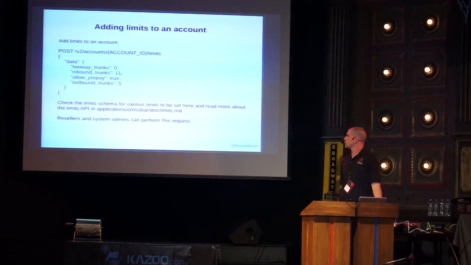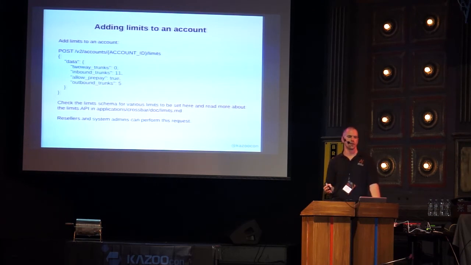This is what the request looks like via the Crossbar APIs to set the limits. I've obviously omitted all of the options, but hopefully you can infer that if you want to set outbound trunks, you would set a key of outbound trunks, and you don't need it explicitly listed here. But this is what you would do to do that. It's a pretty simple payload.